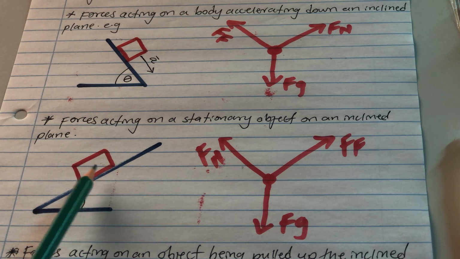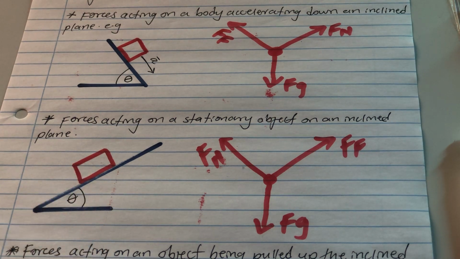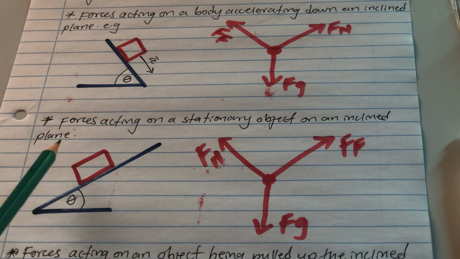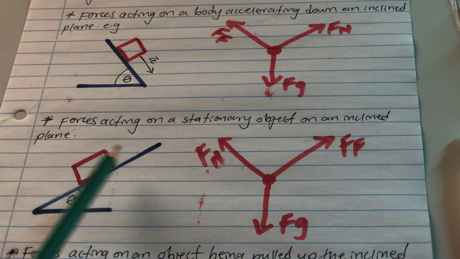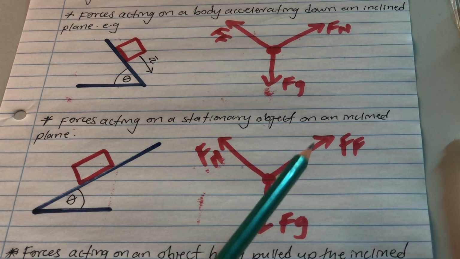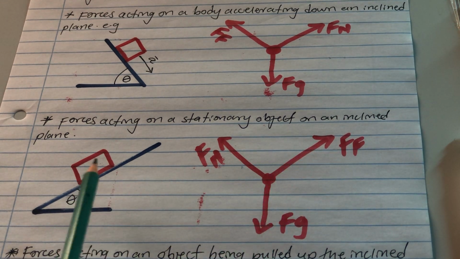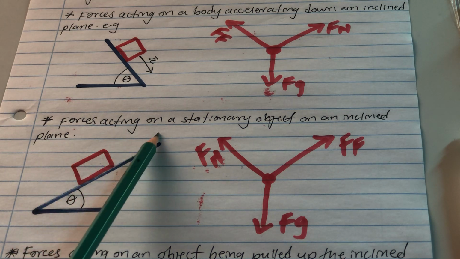Let's see what it is. F normal. Oh, sorry. F normal is perpendicular to the surface of the inclined plane. And then frictional force. Frictional force will be pointing up the inclined plane.